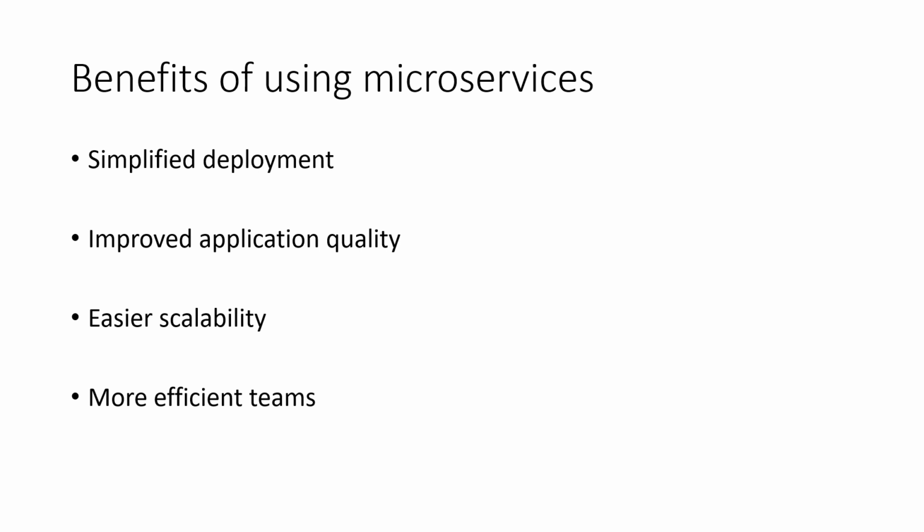The next one we are going to talk about is that components can be scaled independently of one another, reducing the waste and the cost associated with scaling an entire application.